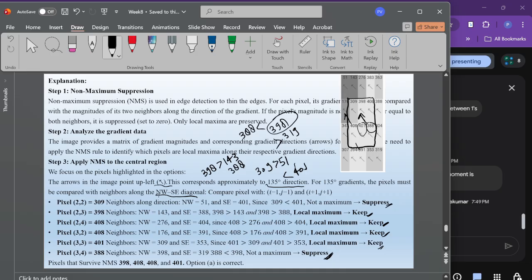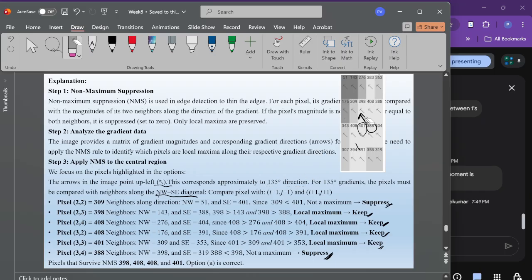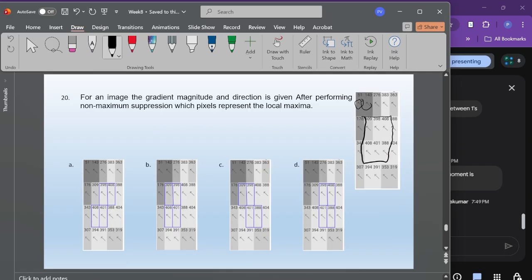So what final values do we need to keep? These are 398, 408, and 401. If you just see, option A is the correct match for this answer.